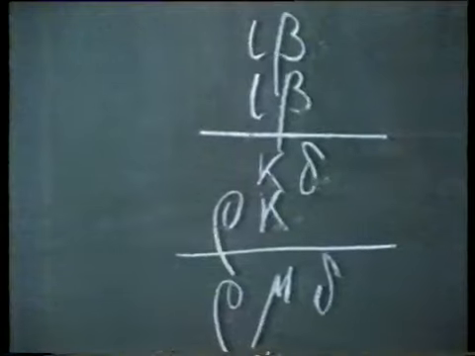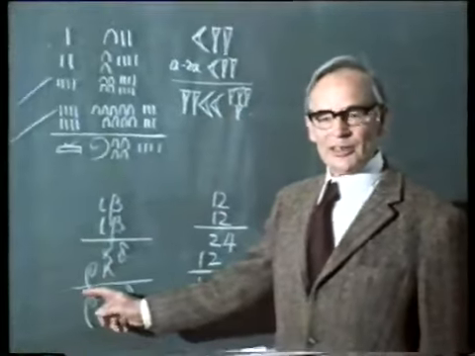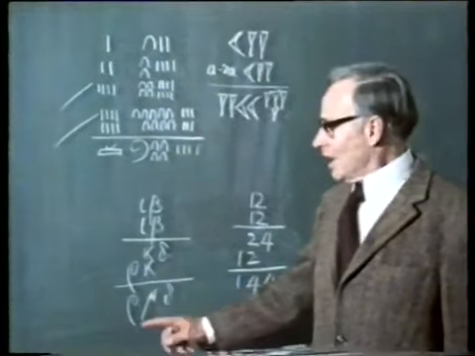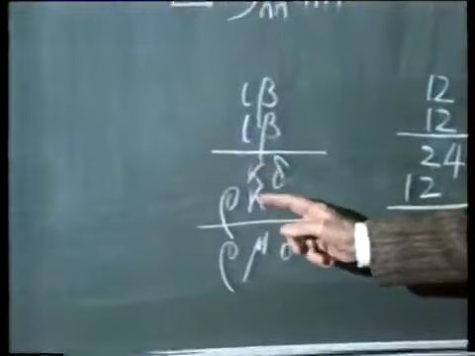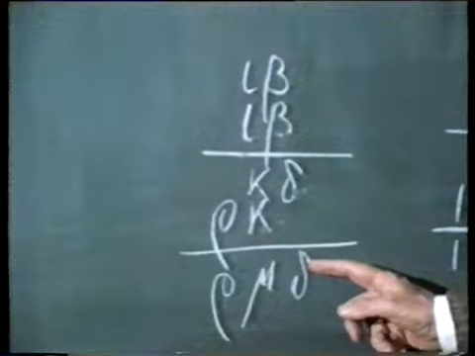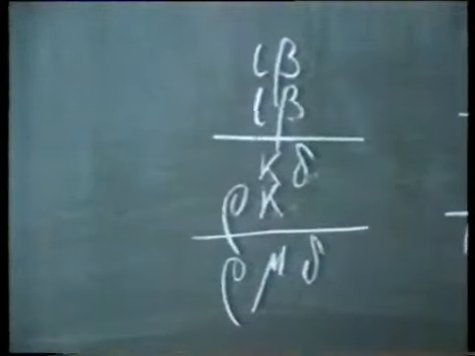So we have here kappa delta, and then he would take 10 times 12. So we have to add 24 to 120. And that gives, of course, 100, 20 and 20 is 40, and 4. And that gives 144. Mu is the symbol for 40.